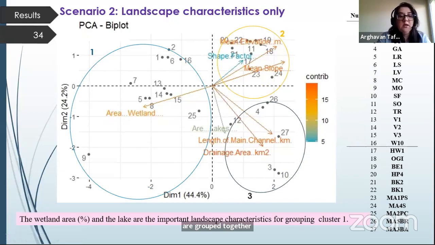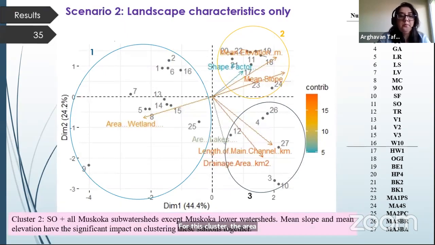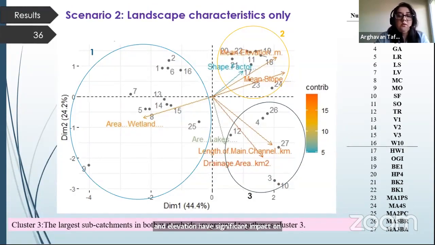For this cluster, the area of the wetlands and lakes were really important characteristics for grouping. For cluster number 2, South River plus all Muskoka subcatchments are grouped together, and mean slope and mean elevation have significant impact on clustering these stations together. Also, the largest subcatchments in both watersheds are grouped together as cluster number 3.